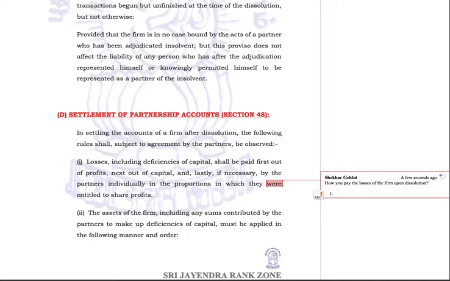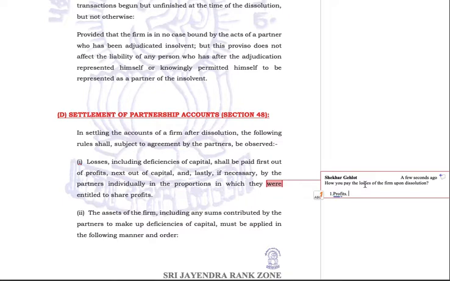First charge shall be on profits. First of all, your profits shall be used in order to pay any losses. If you are able to pay your losses from your profits only, that's a good thing.